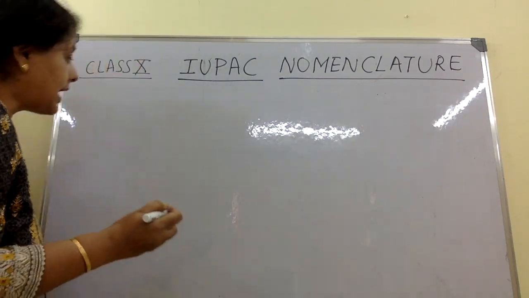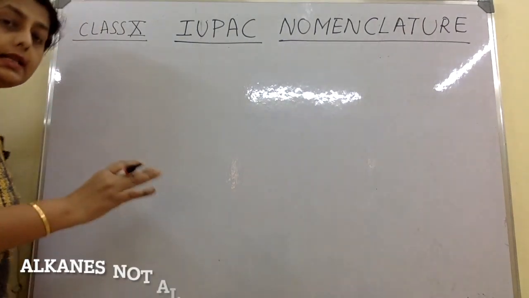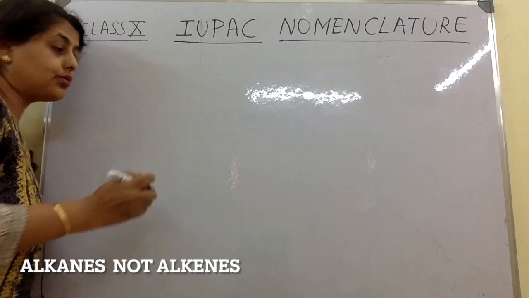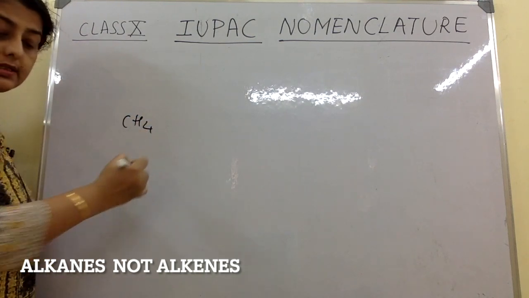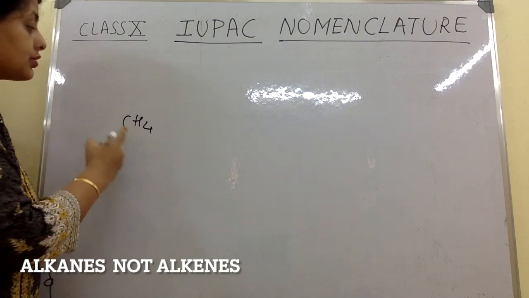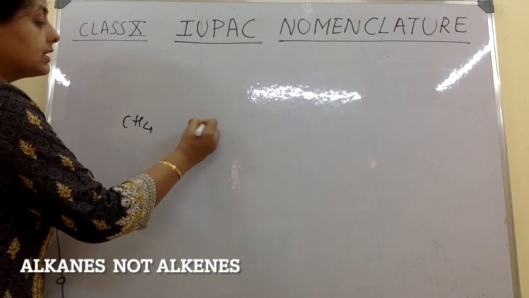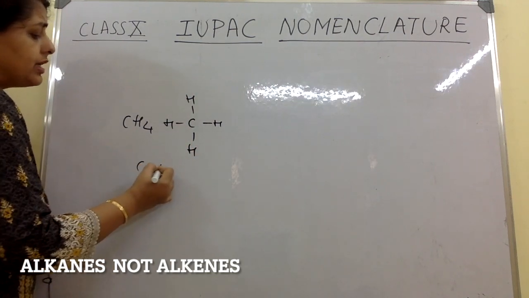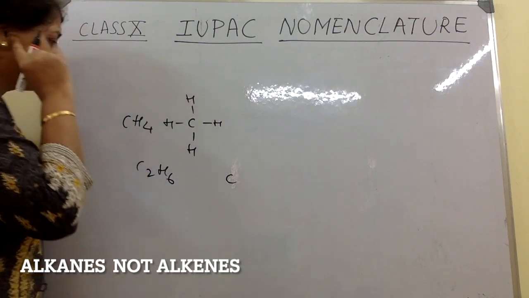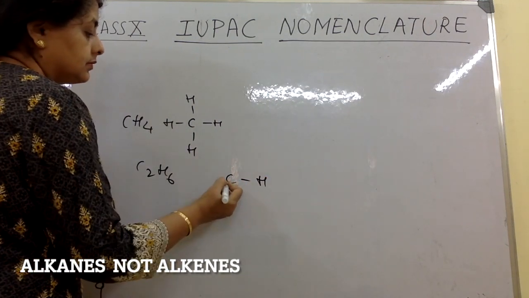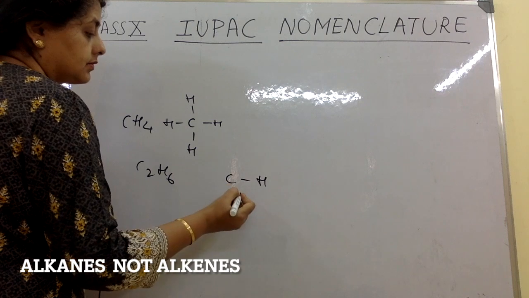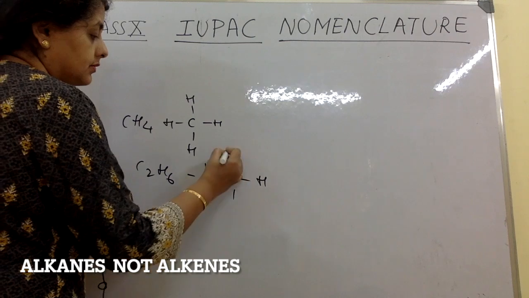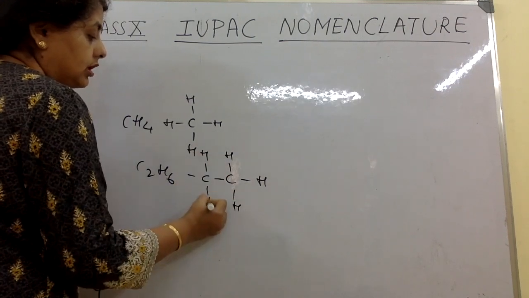Here, alkanes are the saturated hydrocarbons, and they are made out of CH4. They are made out of all single bonds. CH4, single bonds everywhere. Then C2H6. Note here, how many hydrogens do I have?